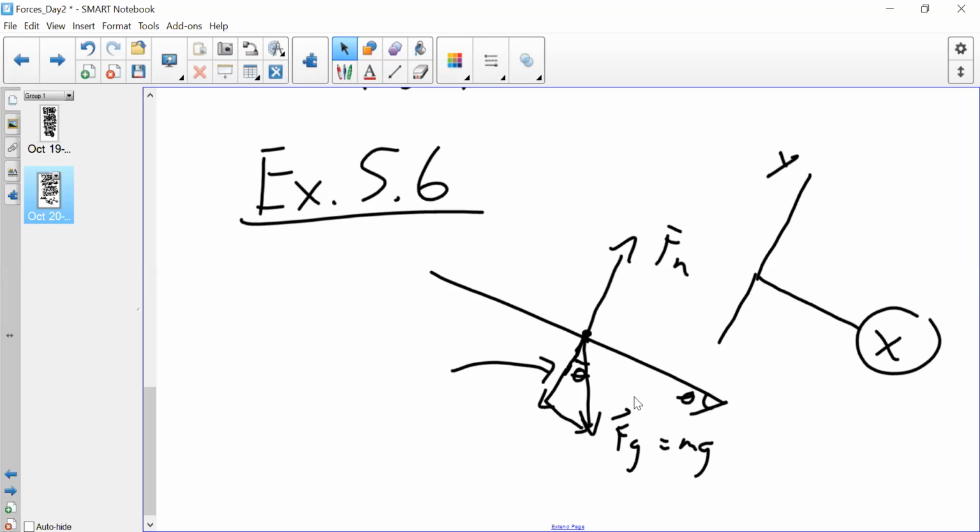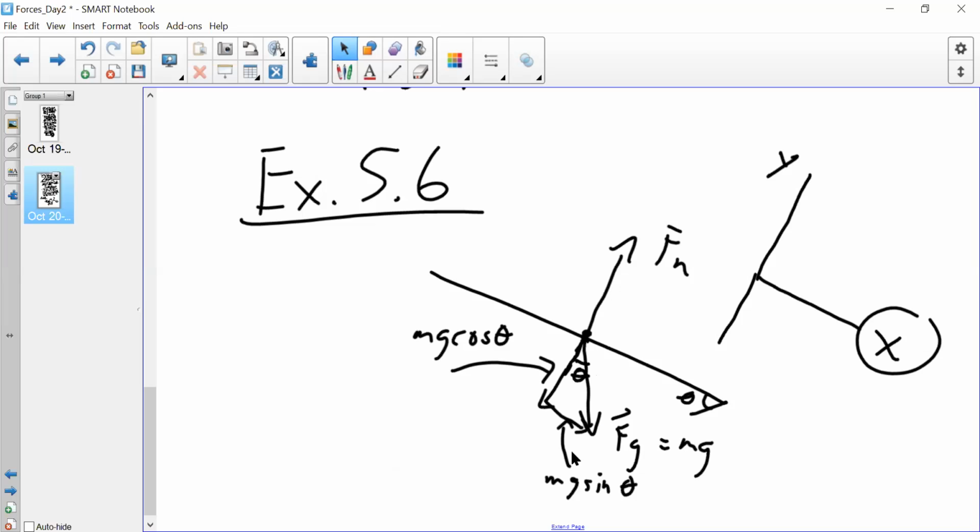That means that this is going to be mg cosine theta, and this will be mg sine theta because it's opposite. So that's pretty much the one major thing that changes when you have stuff at a tilt. Just imagine if this tilt goes down like so, then these components will merge into FG, and it's going to be Fn equals FG.